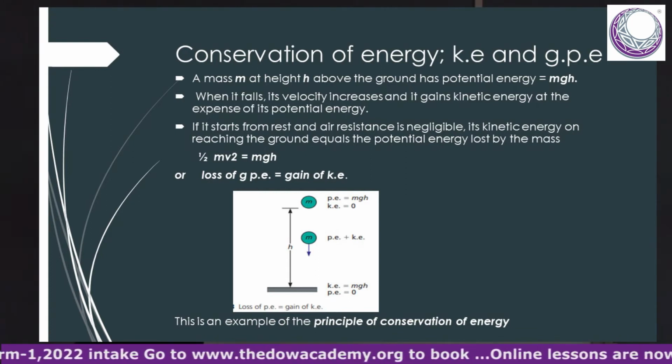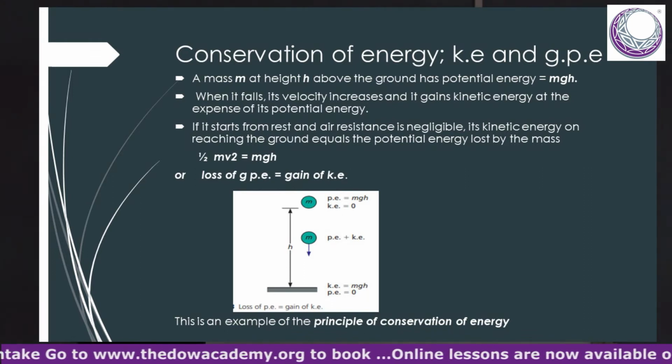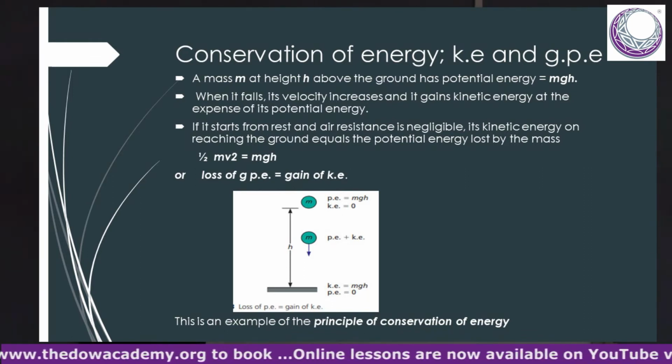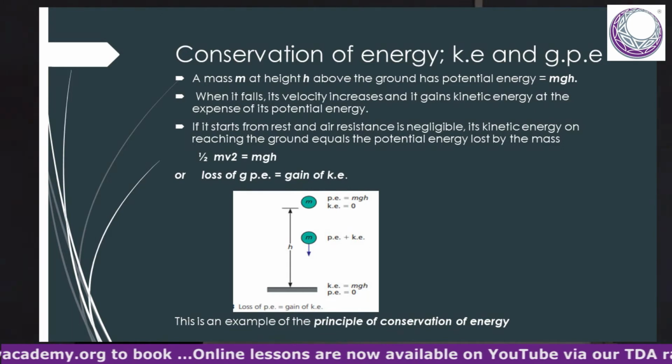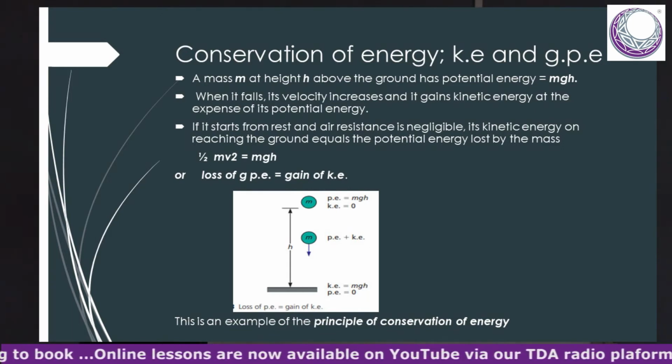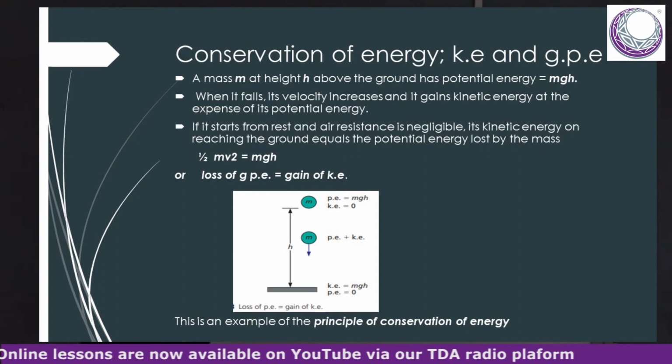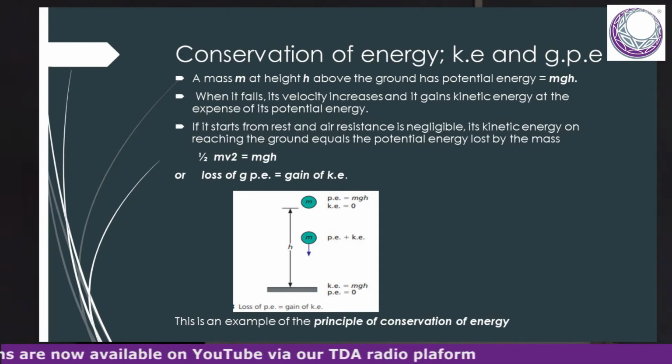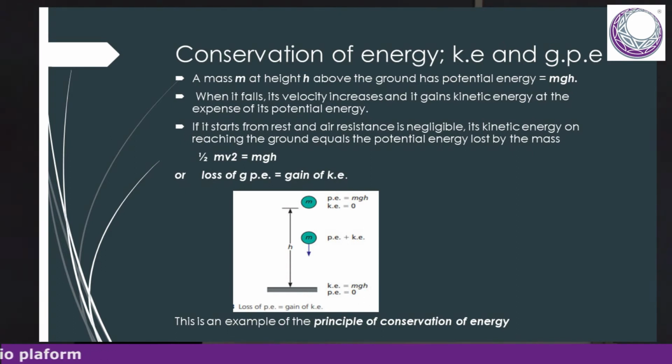So according to the principle of conservation of energy, the loss in GPE appears again as a gain in the KE of the object. So loss of GPE equals gain of KE. We are applying the principle of conservation of energy here. We are saying energy is not lost. Energy is being converted from one form to another. Let's look at this again.